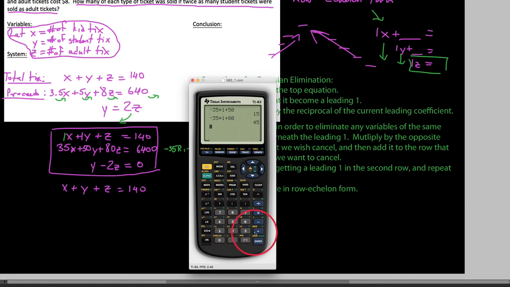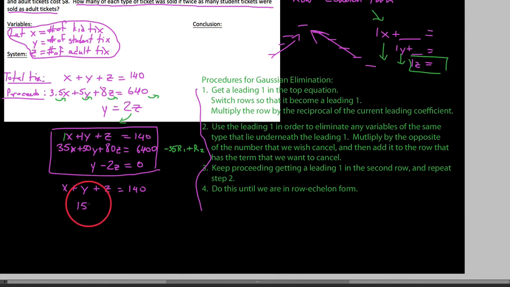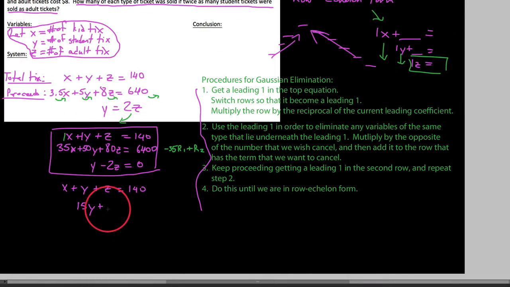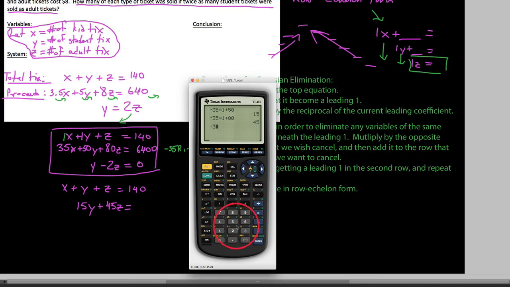What we get left with here is 15y's in the second equation, and plus 45z. Now we need to take negative 35 times our 140, and add that to the 6400 that's in our second row. When I do this, I get 1500 here.